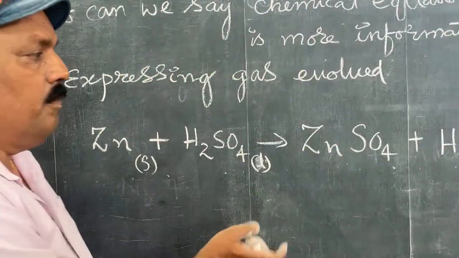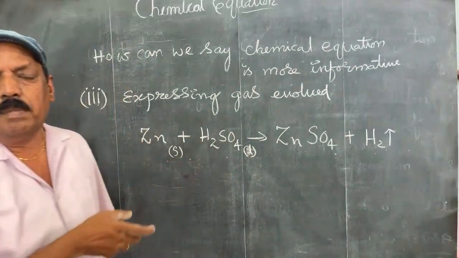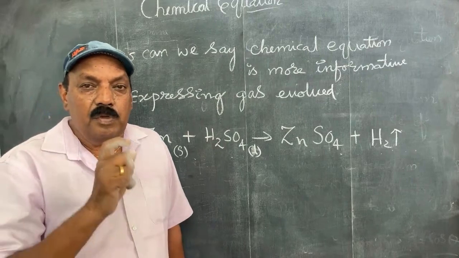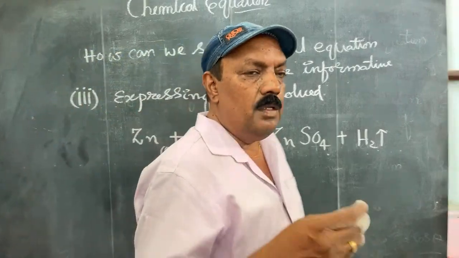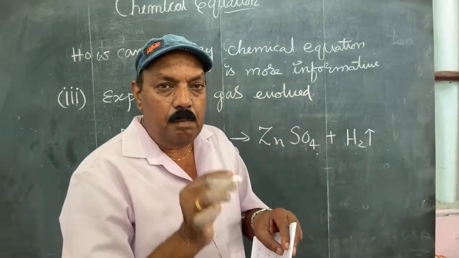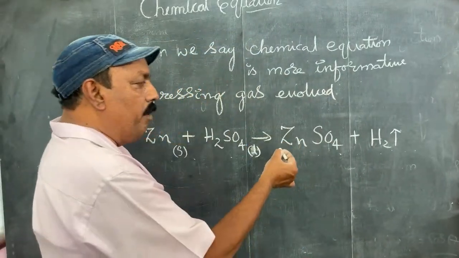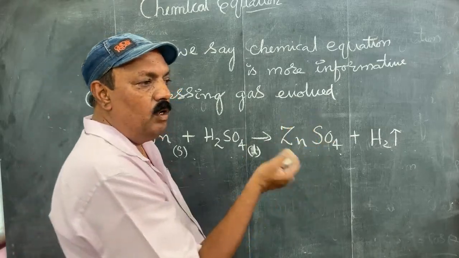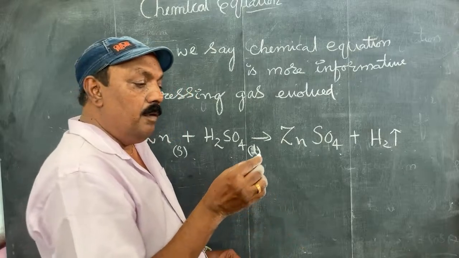And how can I confirm this is hydrogen gas? Take one burning matchstick. The orange yellow color flame will come whenever I burn it. Take it near the mouth of the conical flask, where the colorless gas is coming out, and bring it very close.